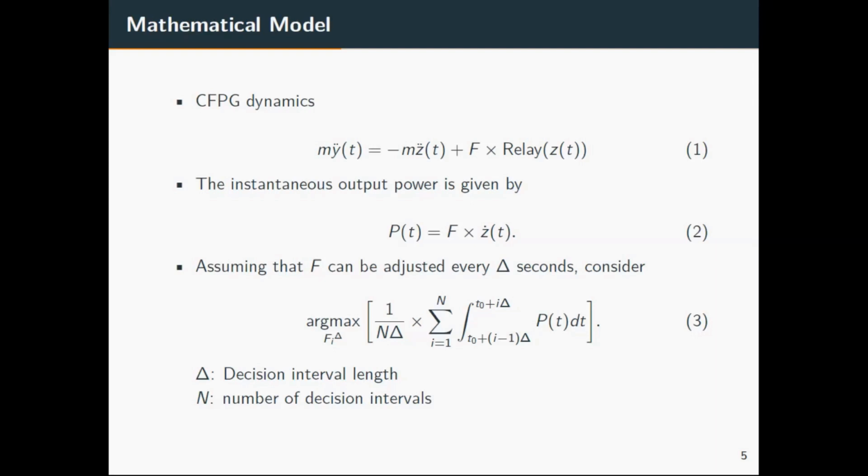The output power is going to be F times velocity, and the harvested energy is going to be the integral of this.